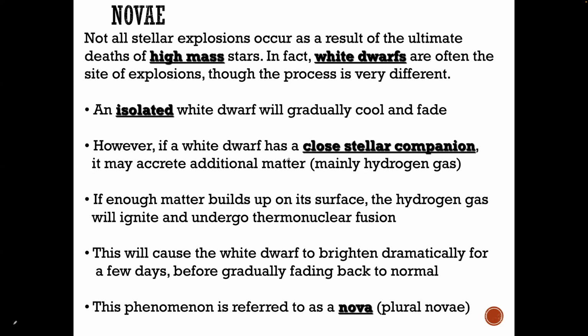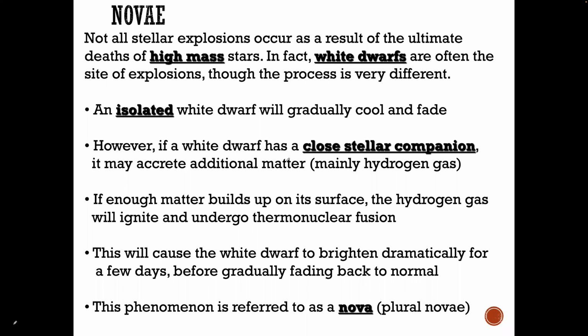What actually happens here is, when you have an isolated white dwarf, it will gradually cool and fade away. However, sometimes there may be another companion star close by to this white dwarf, right? Naturally, due to gravitational effects, the material from this nearby star will be attracted towards the white dwarf, right?